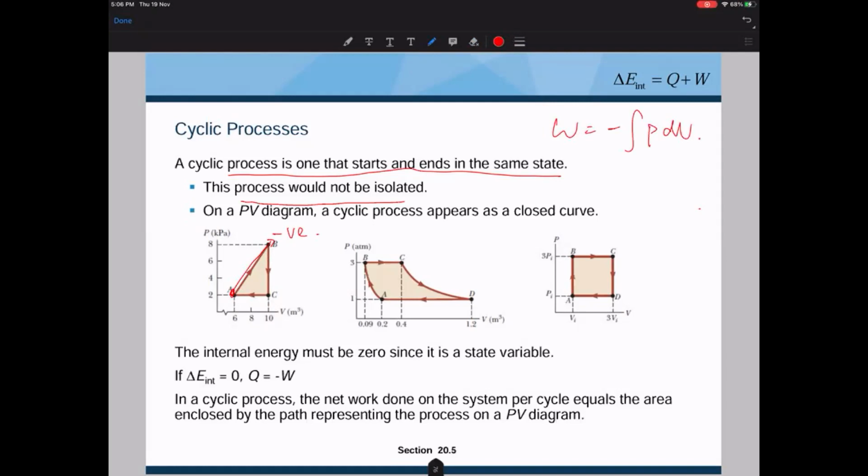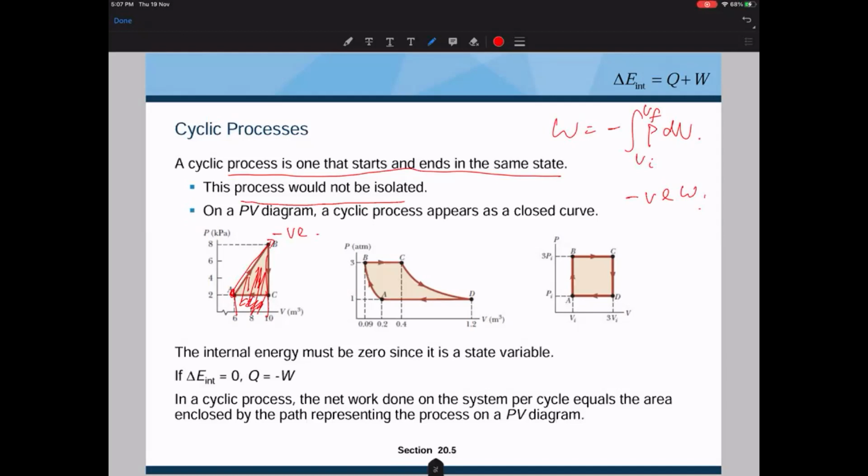Therefore, if you have an increase of the volume, work done is negative. So it is the area under this graph. And then from B to C, because there is no volume change, volume is constant, 0 work done. From C to A, it is a positive work done. So the area enclosed refers to a net negative work done, which means work is done by the gas over one cycle.